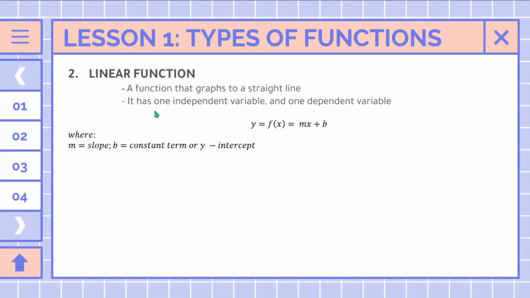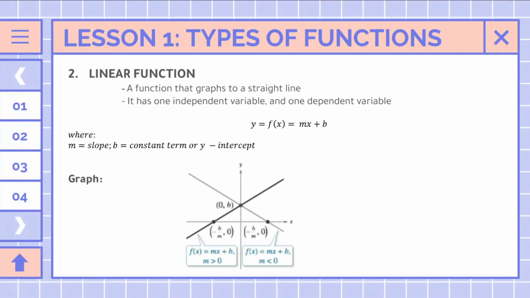A function that graphs to a line and it has one independent variable and one dependent variable. It is written as y is equal to f of x is equal to mx plus b, where m is the slope, b is the constant term, or y-intercept. So this is an example of a graph of a linear function.